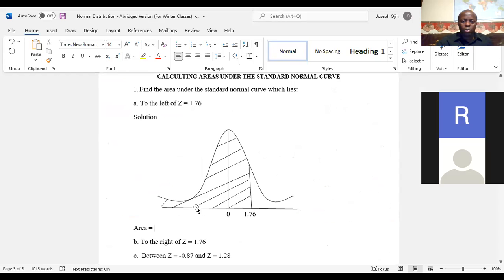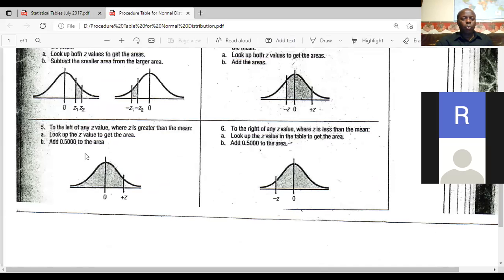From this spot, all the way to the left, because it says to the left of Z 1.76. And what did it say? To the left of Z, where Z is greater than mean, look at the Z value to get the area, add 0.5 to the area. So we look for the Z value to get the area, and then we add 0.5 to the area.